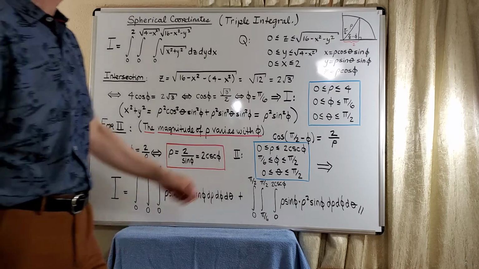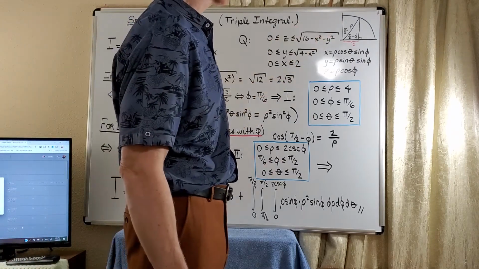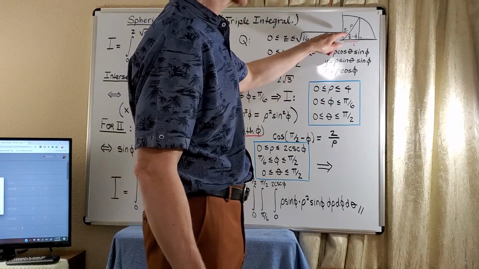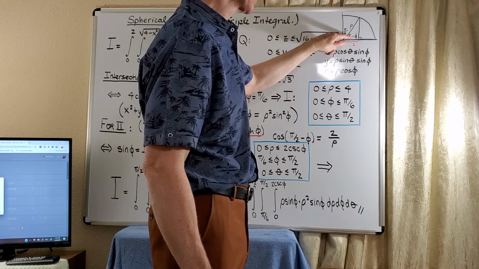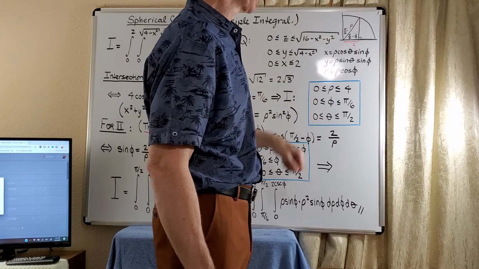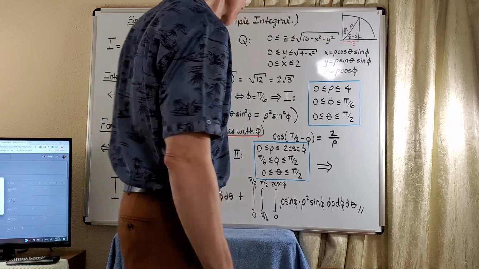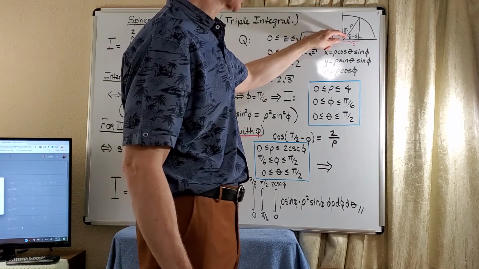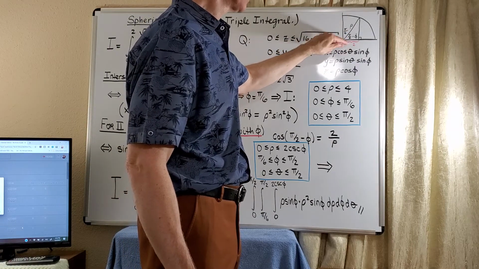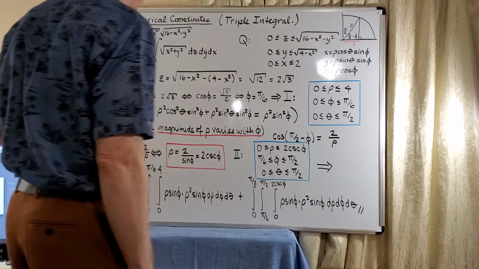So that's just a little side calculation that we will need. Now, of course, we just do some right triangle trigonometry here. Since we're measuring phi from the positive z-axis, this angle right here will just be pi over 2 minus phi. So when we do the trigonometry, cosine of pi over 2 minus phi is 2 over rho.